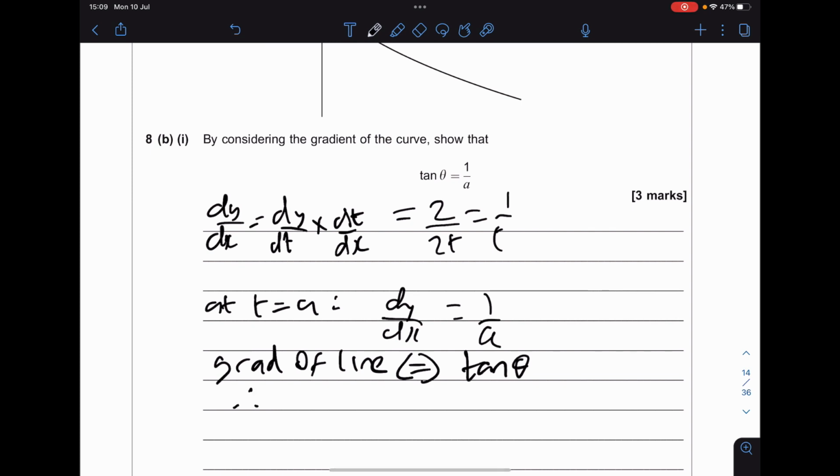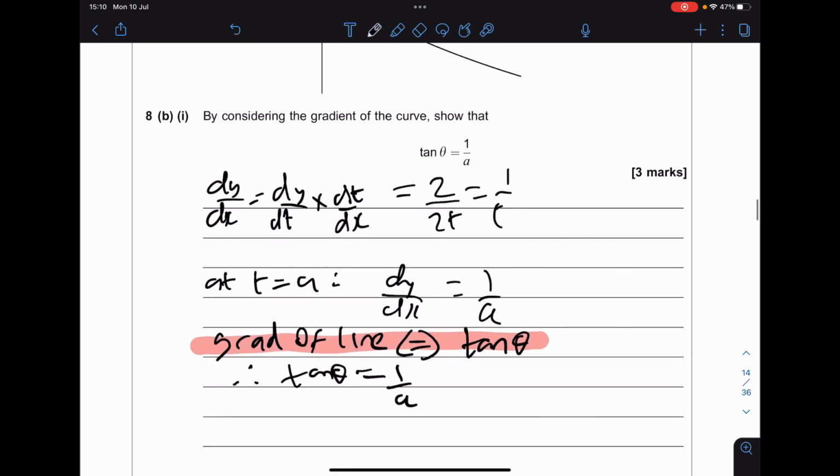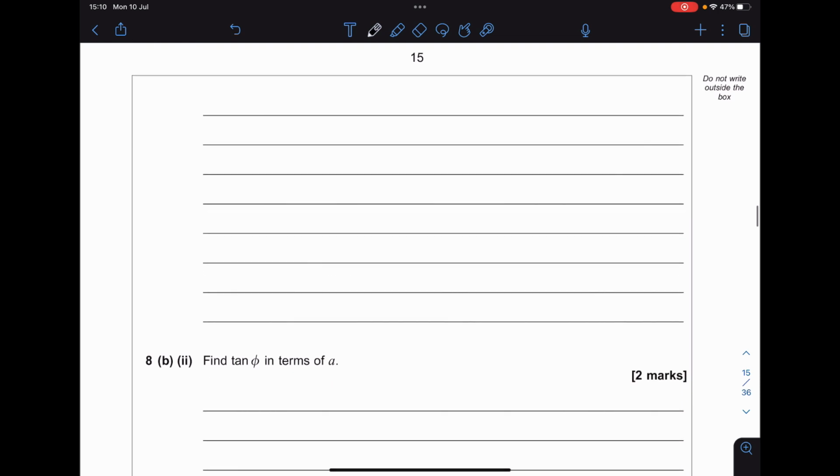Therefore, tan theta is just 1 over a. So, key fact, and I think that is so important, I'm going to highlight it, because I think that's one of the most important rules in parametric equations.